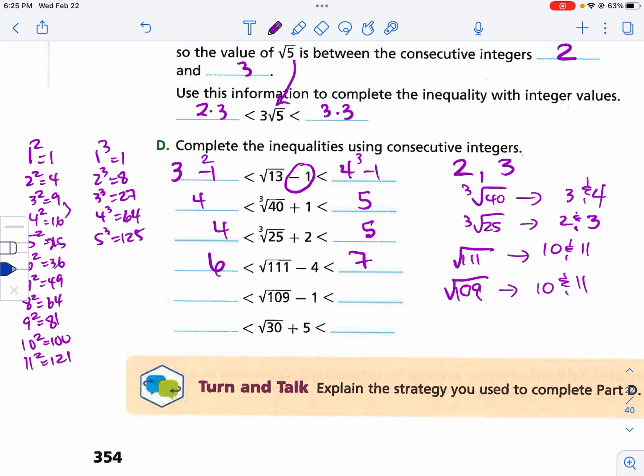So I'm subtracting 1, so 9 and 10. The square root of 30 is between 5 and 6, so we add 5, so I get 10 and 11.